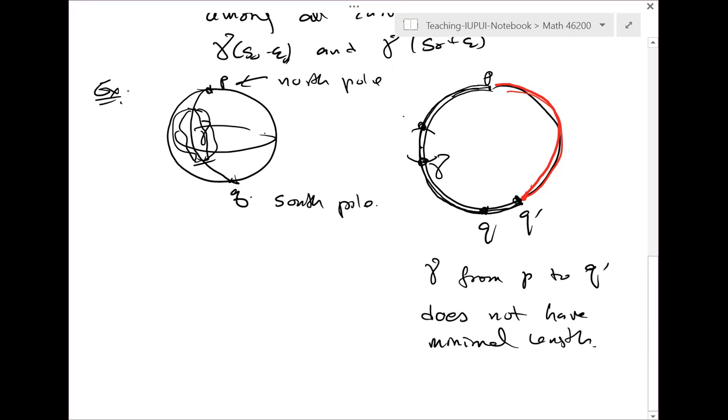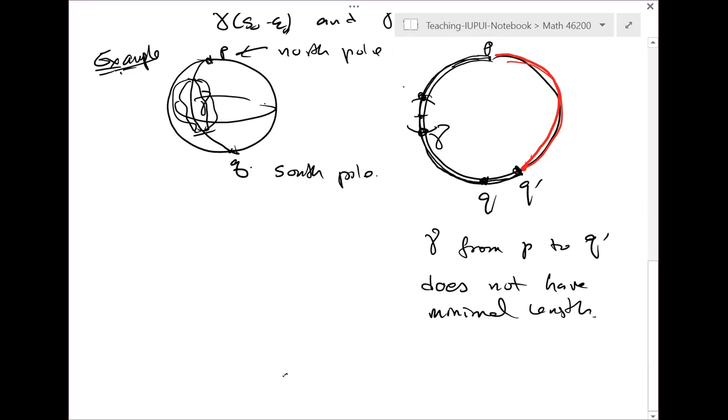Yes, this is a good example to understand. So gamma is a geodesic because at every point, any portion of this great circle, if the length is less than or equal to pi, has the shortest length among all the curves joining those two points.